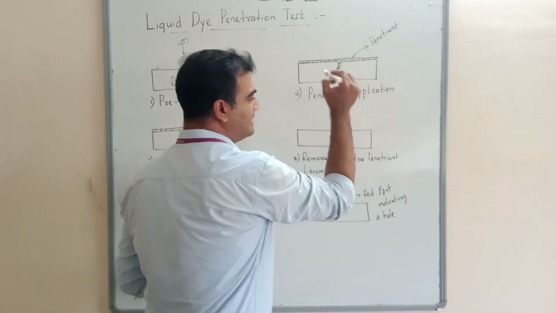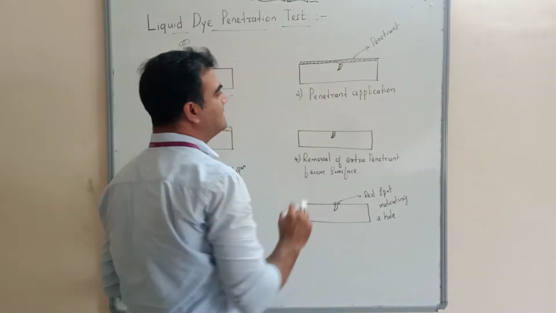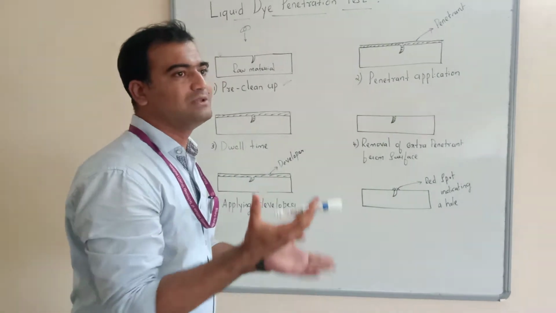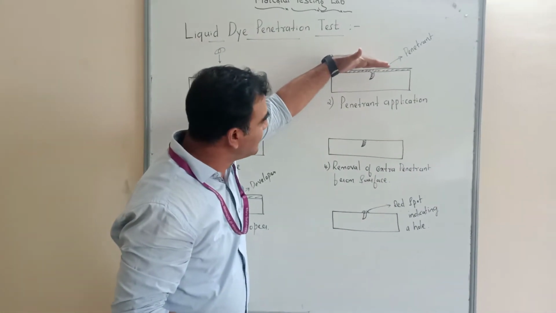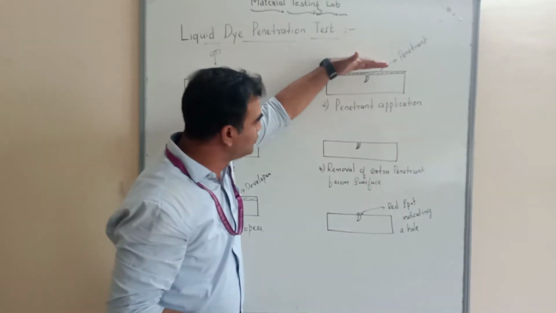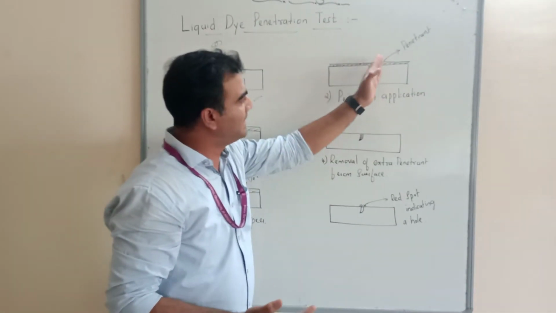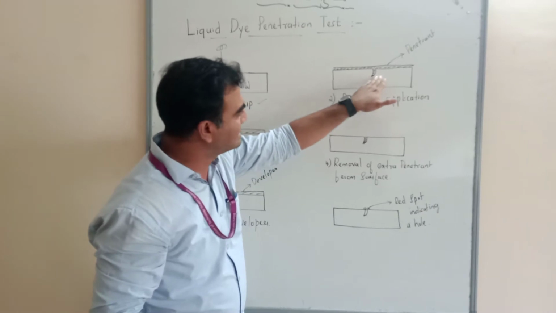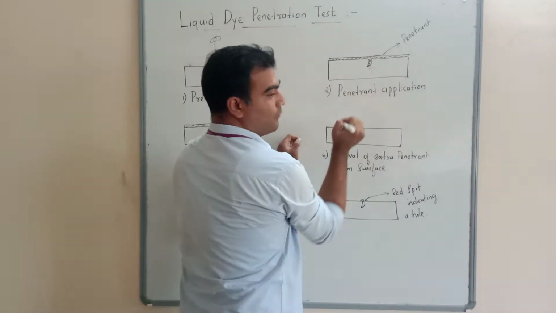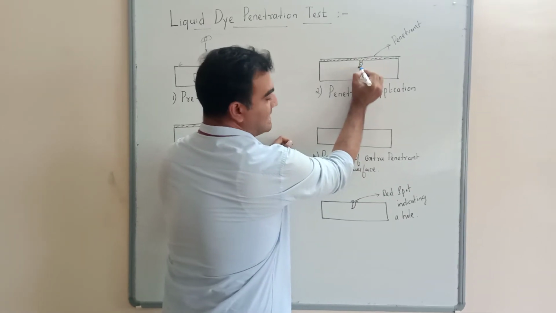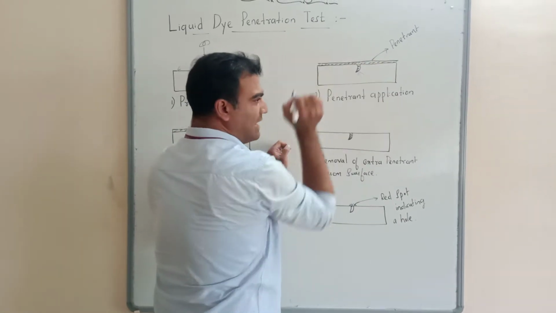Once the penetrant is applied onto the surface, you have to allow it to settle down. If there are any flaws, those flaws will suck the penetrant into them. For example, you can see here we have shown the flaw, and the penetrant has entered into that flaw.